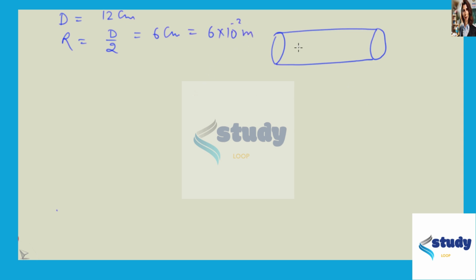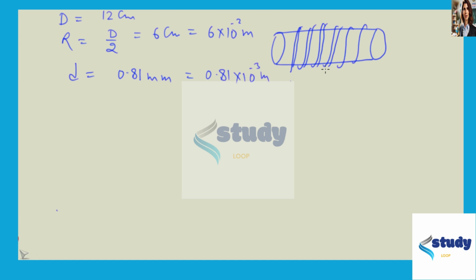Now the wire which is wound over this plastic tube has a thickness of small d equal to 0.81 millimeter, or we can say this is 0.81 into 10 raised to the power minus 3 meter.